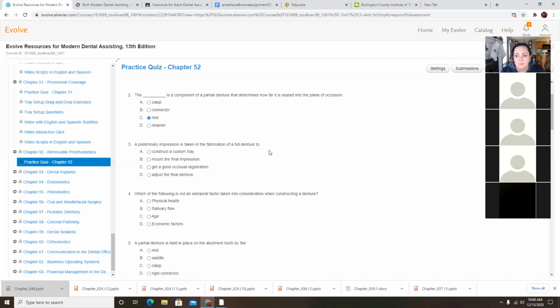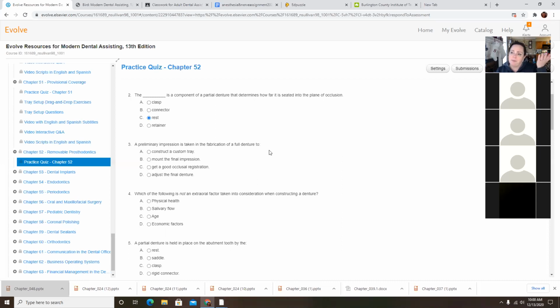Yes. So a custom tray is made out of this initial impression, okay? And a custom tray only fits how many people? One person, all right? That custom tray is what we use to take our final impression for denture, which is the second step of making a denture.